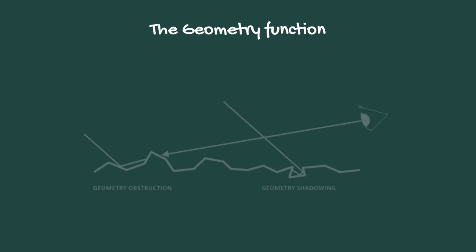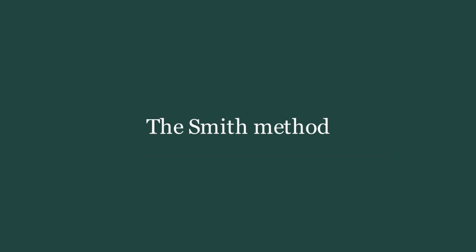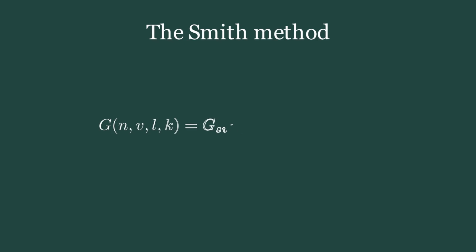The geometry function statistically approximates the relative surface area where its microfacet surface details overshadow each other. In my project, I used the Smith method to take account of both the view direction and the light direction vector. This method multiplies two subgeometry functions.